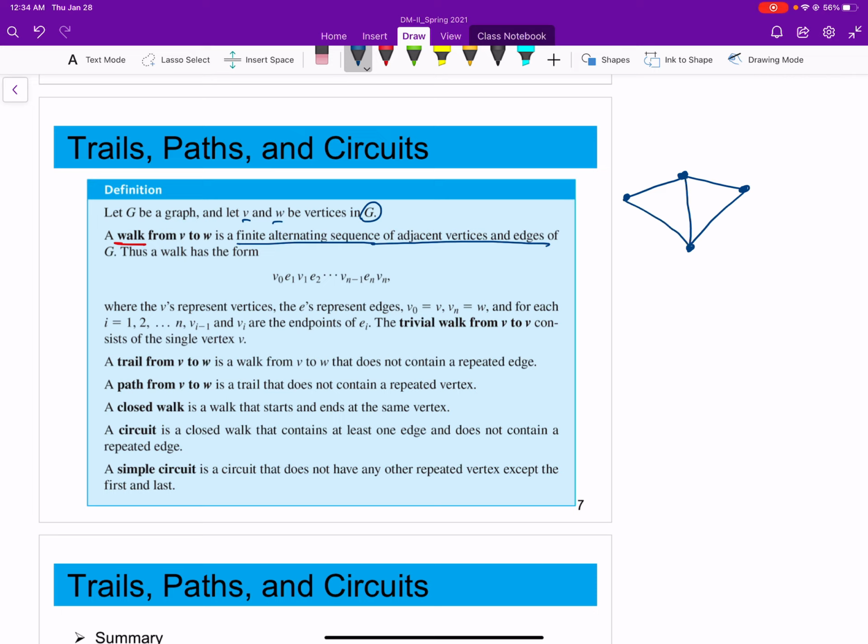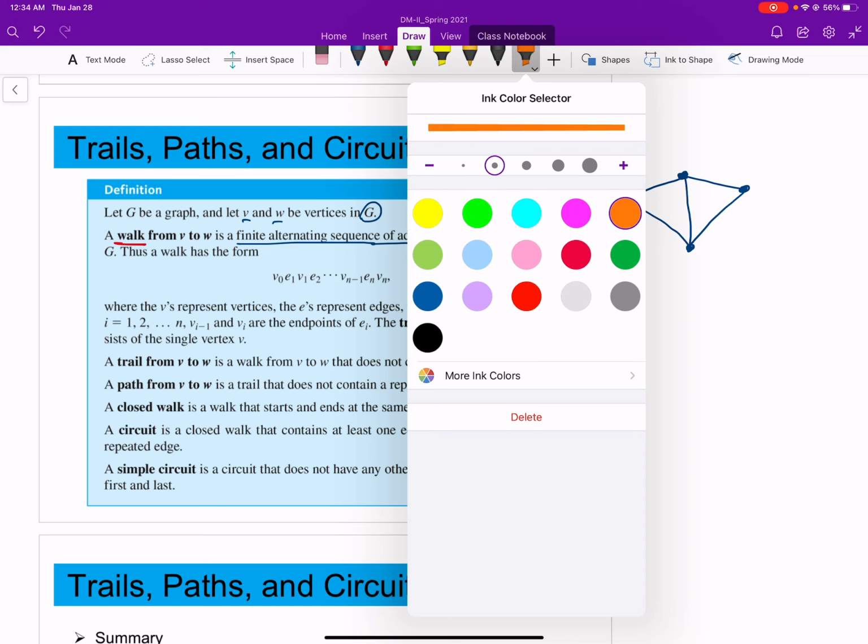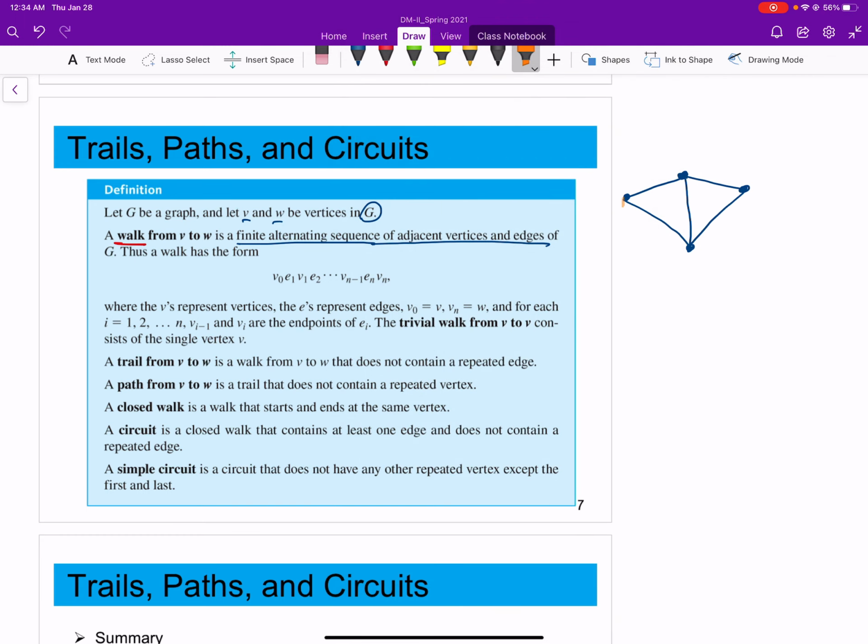Okay, you can define a walk like this. You start from here and go that way, go down that way. Sorry, and go that way. Okay, this is called a walk.